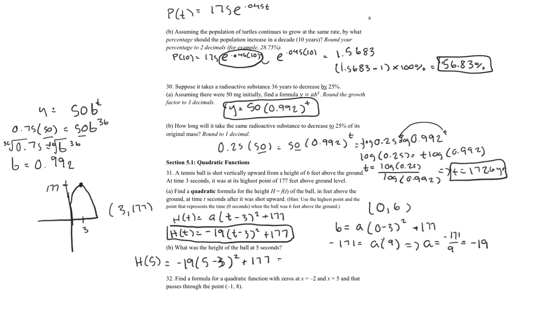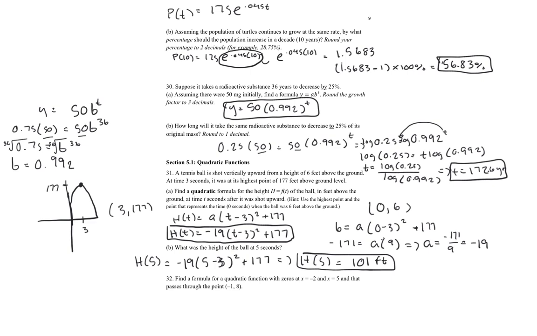If we put that in our calculator, we'll get h of 5 is equal to 101 feet.